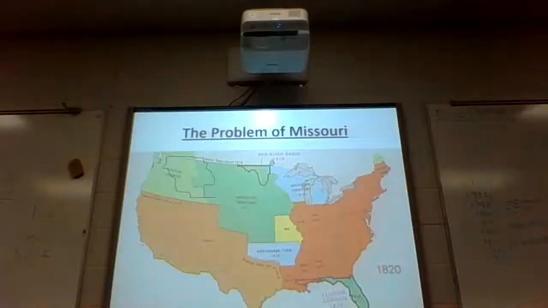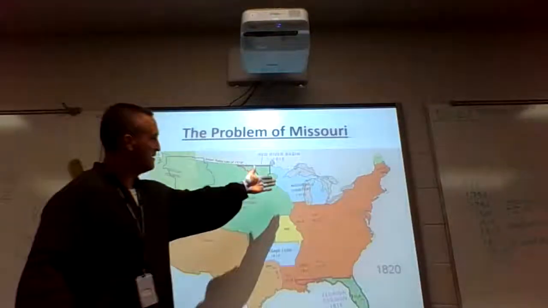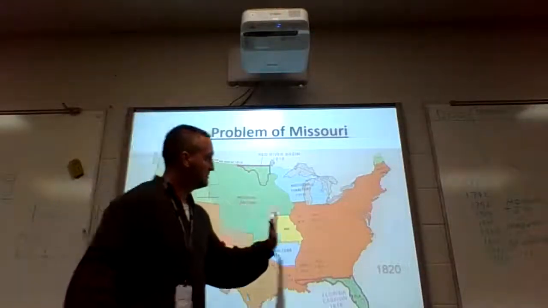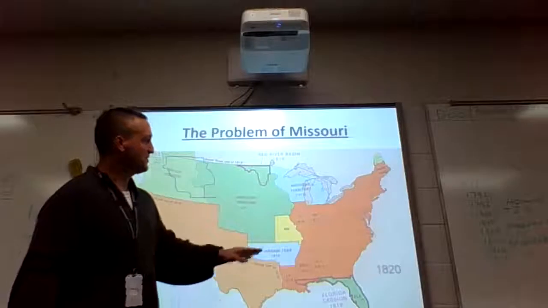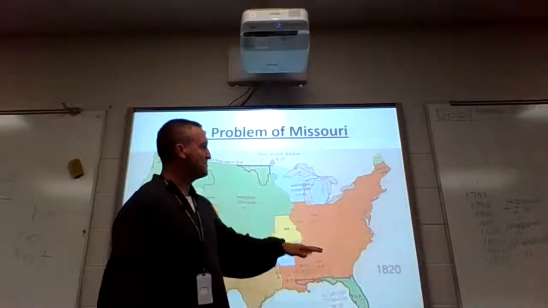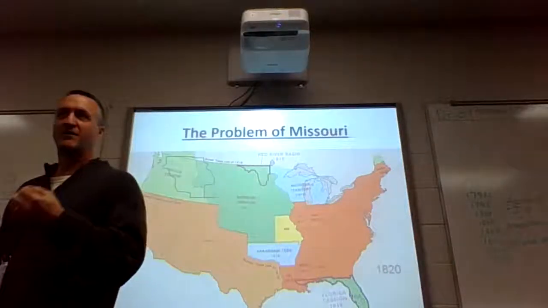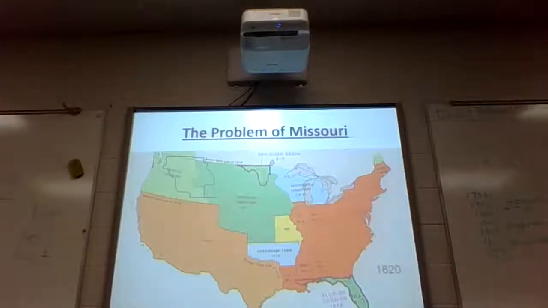Okay, let's take a look at this map. So, here's the Mississippi River. States east of the Mississippi River generally have funky shapes. Do you notice the north and south lines generally are straight lines? It's just that the east and the west are funky, and that's because they're generally based on rivers.